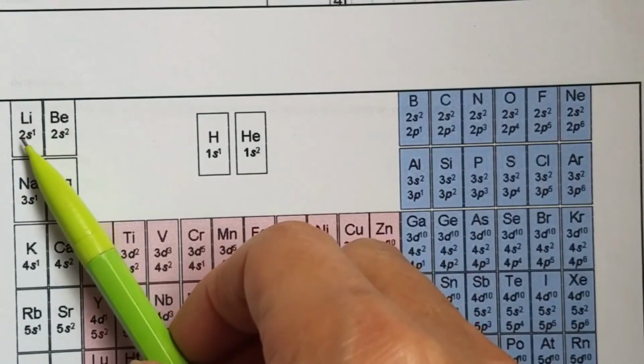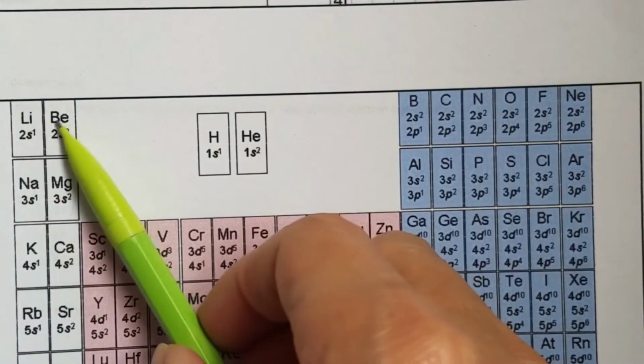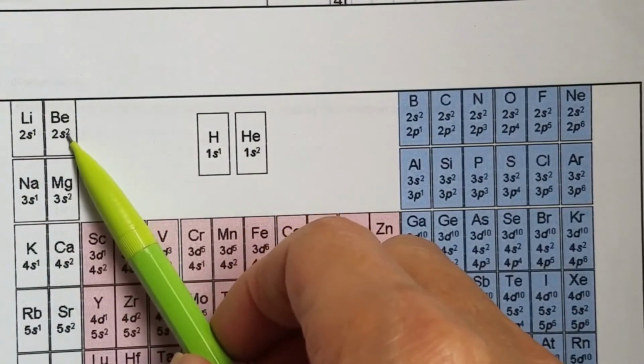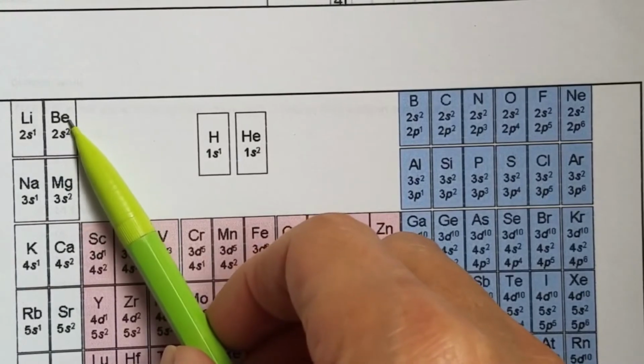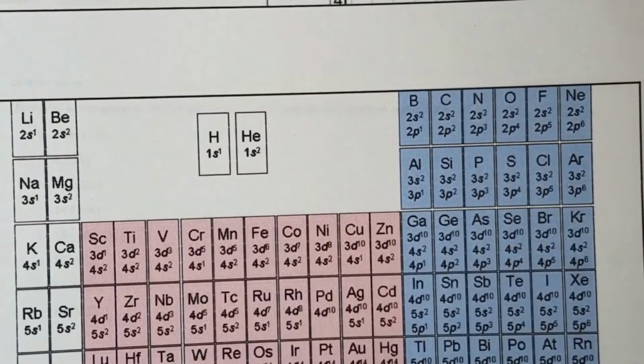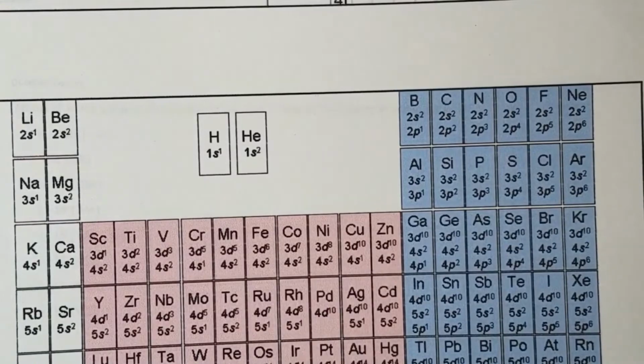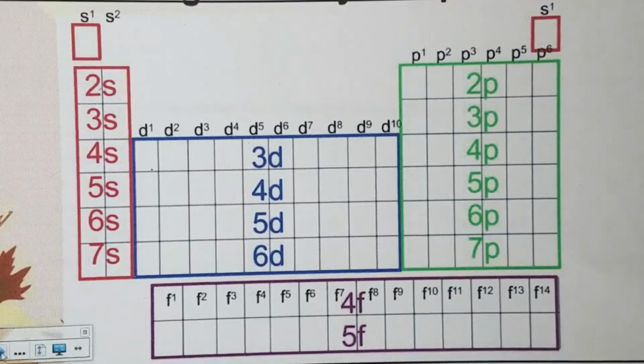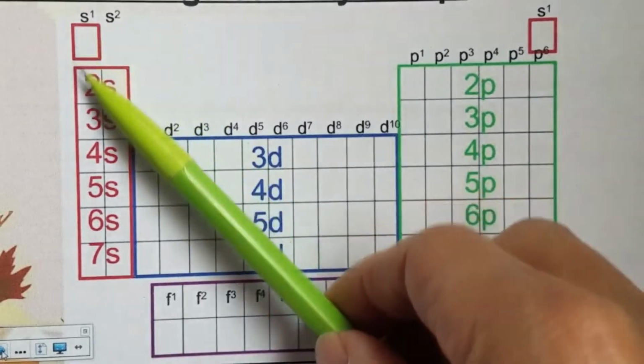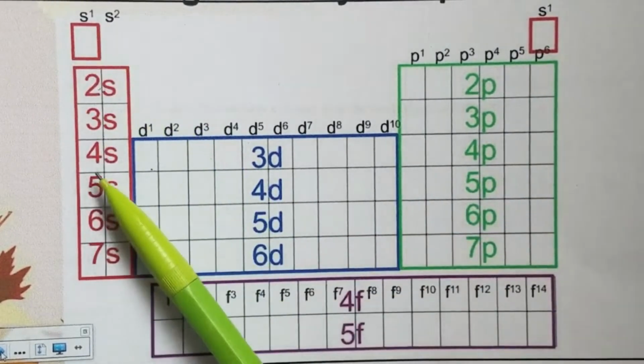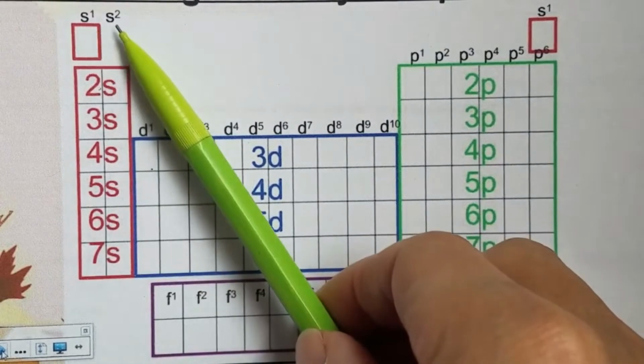So 2s1 is lithium. Now 2s2 is beryllium. Those are the s blocks, that's main group 1A, 2A.